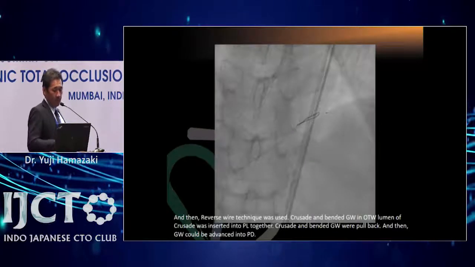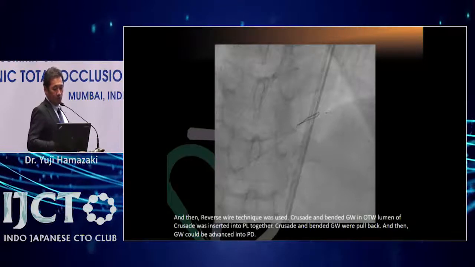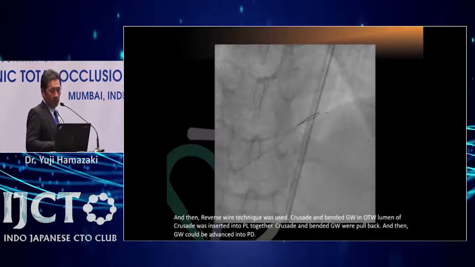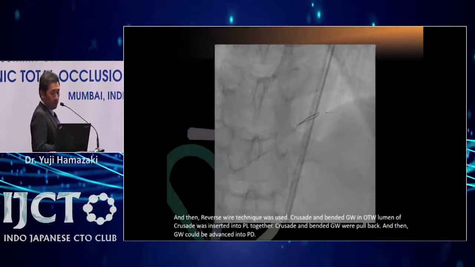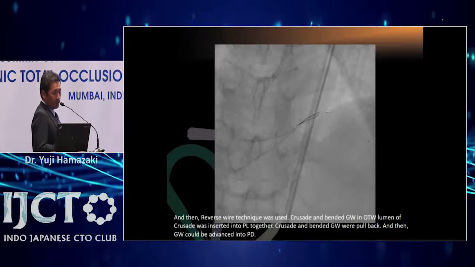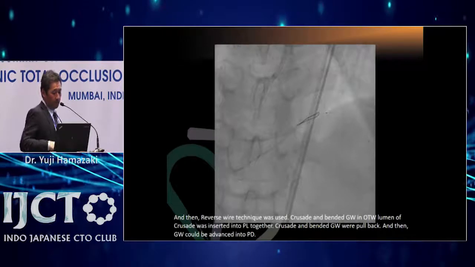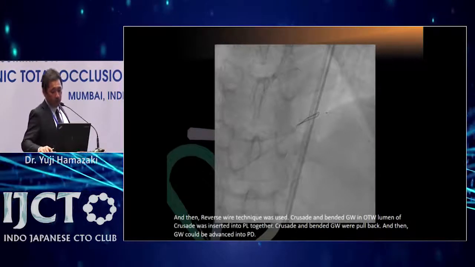And then the reverse wire technique was used. Crusade and a bended guide wire in the OTW lumen of Crusade were inserted into the PL together. Crusade and the bended guide wire were pulled back.